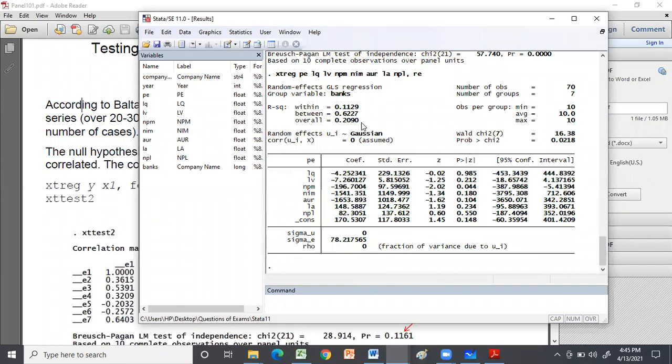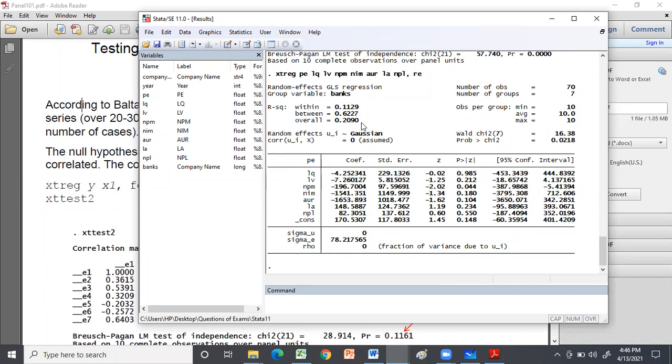Yes, sir. Okay, now I did it with random effect, with fixed effect, and with OLS, and in none of them do we see that most of the independent variables are statistically significant in explaining the variation of the dependent variable. The results are showing this because the model suffered from a heteroscedasticity problem as well as an autocorrelation problem in the overall model.